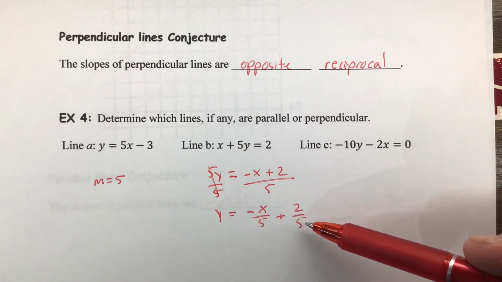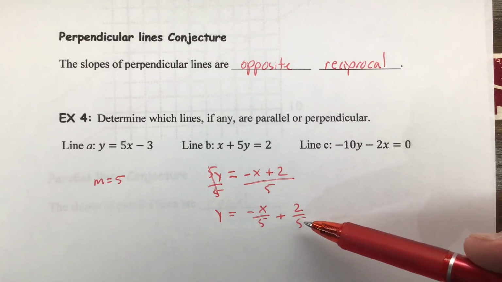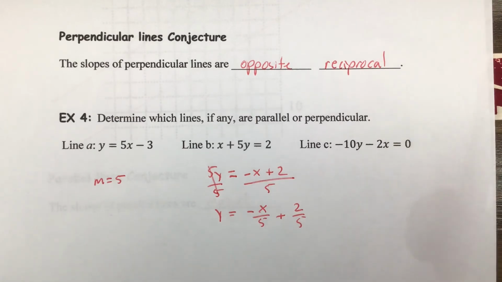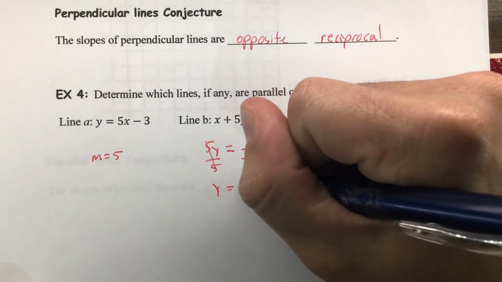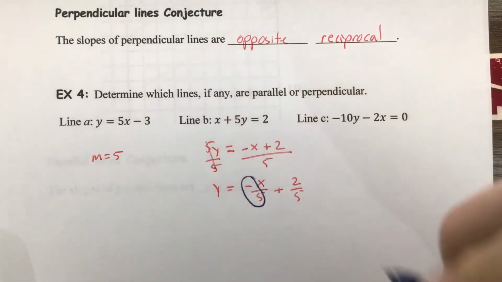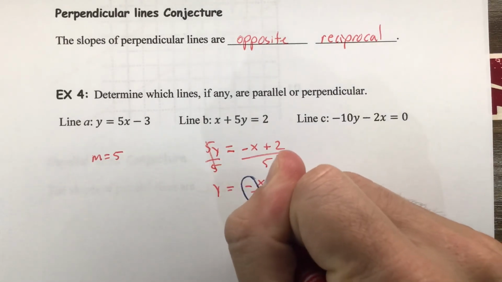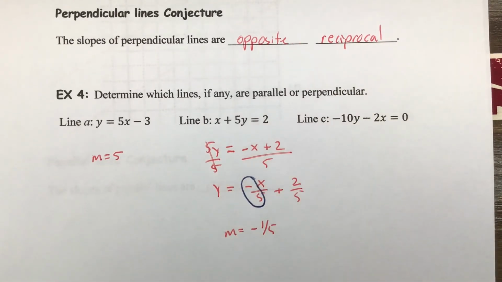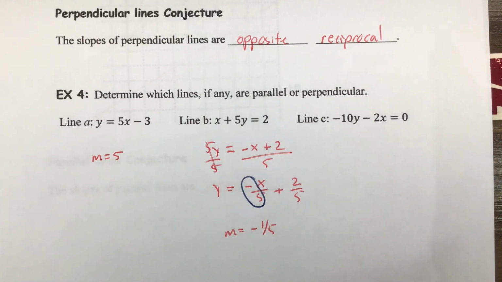It's not a really good y-intercept if you had to graph it, but for our purposes, we're only looking at the slope. The slope is right here. It's all of this stuff. That means that your slope is going to be -1/5.